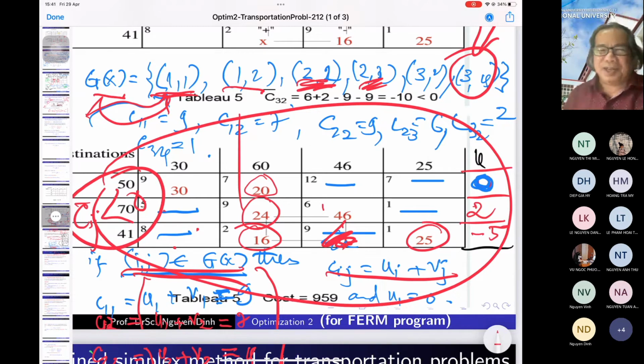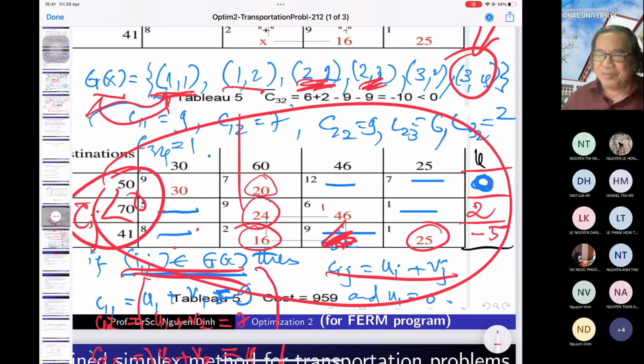You continue until the time when no C bar Ij is negative. So what does it mean? No C bar Ij is negative means that there are no cells that you can transport through so that you make the cost reduce. Cannot reduce anymore. So that means the BF solution you get there is the optimal solution.